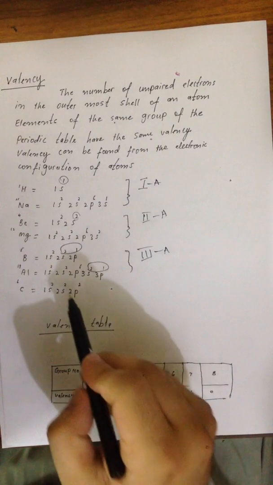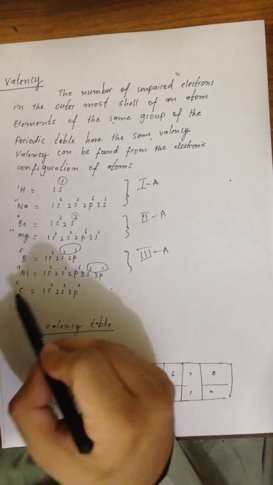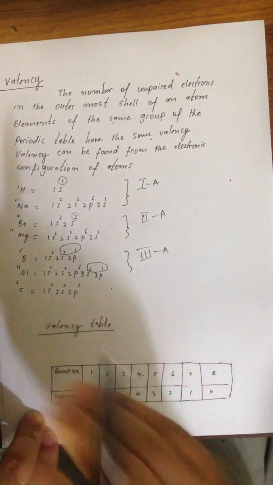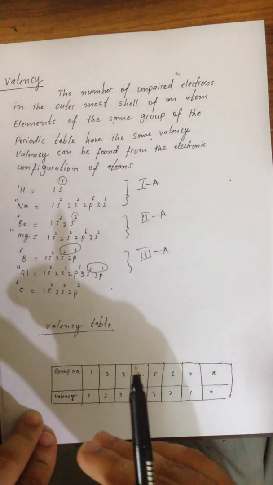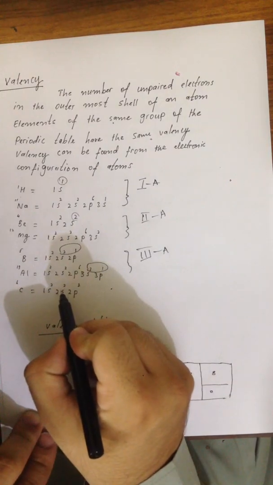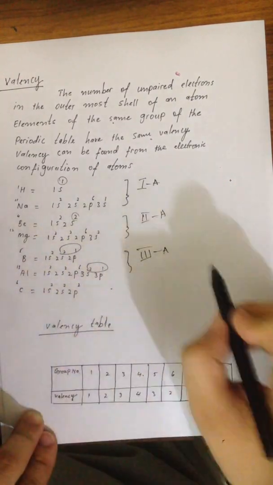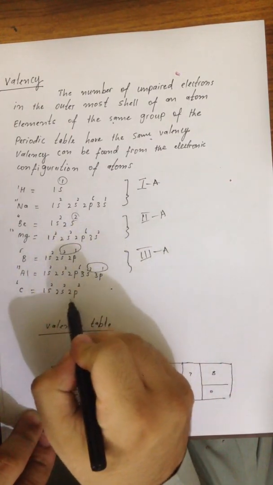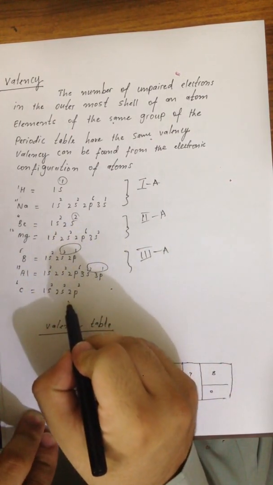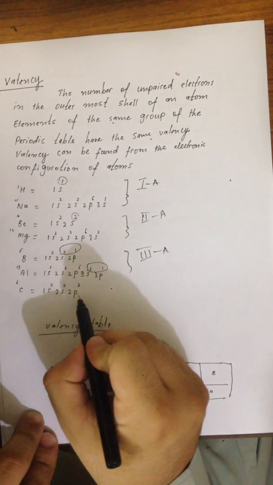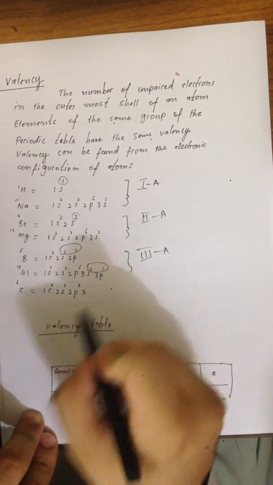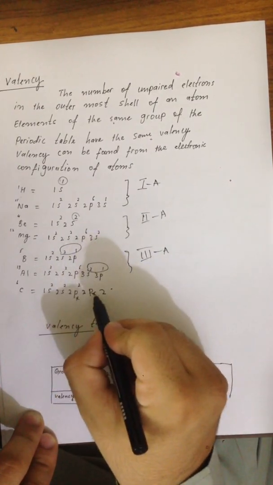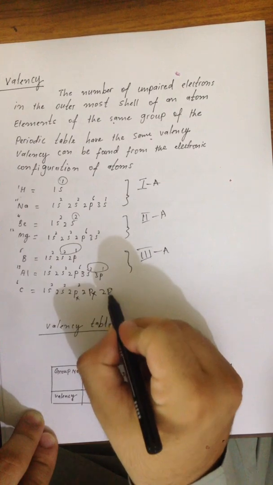And the next one, carbon. Carbon has a total of 6 electrons. If you arrange these electrons according to the principles outlined by quantum mechanics, this is what you get. You get only 2 unpaired electrons in the outermost shell, but the p orbital has 3 components: px, py, and pz.